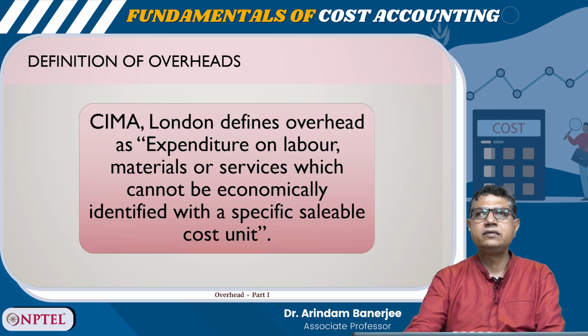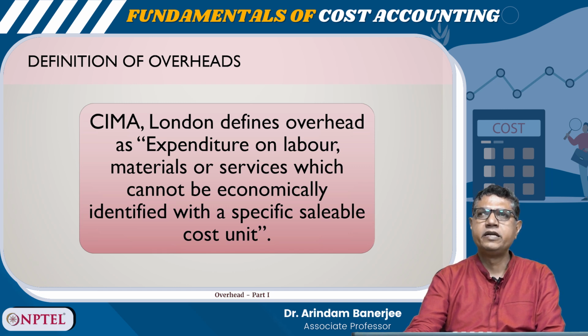According to CIMA London, the Chartered Institute of Management Accountants, overhead is the expenditure on labor, materials or services which cannot be economically identified with a specific sellable cost unit. Say for example, in the case of Maruti, the sellable cost unit is the passenger car which they produce, right?